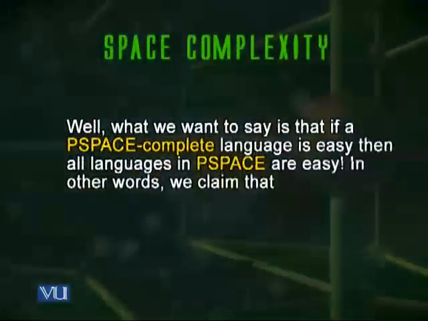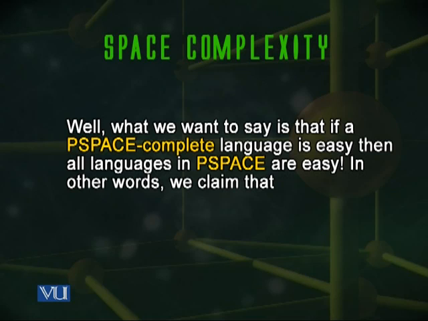Therefore, in the definition of PSPACE-completeness, we also want all languages in PSPACE to be polynomial time reducible to our language, which we are trying to prove to be PSPACE-complete. What we want to say is that if a PSPACE-complete language is easy, then all languages in PSPACE are easy.